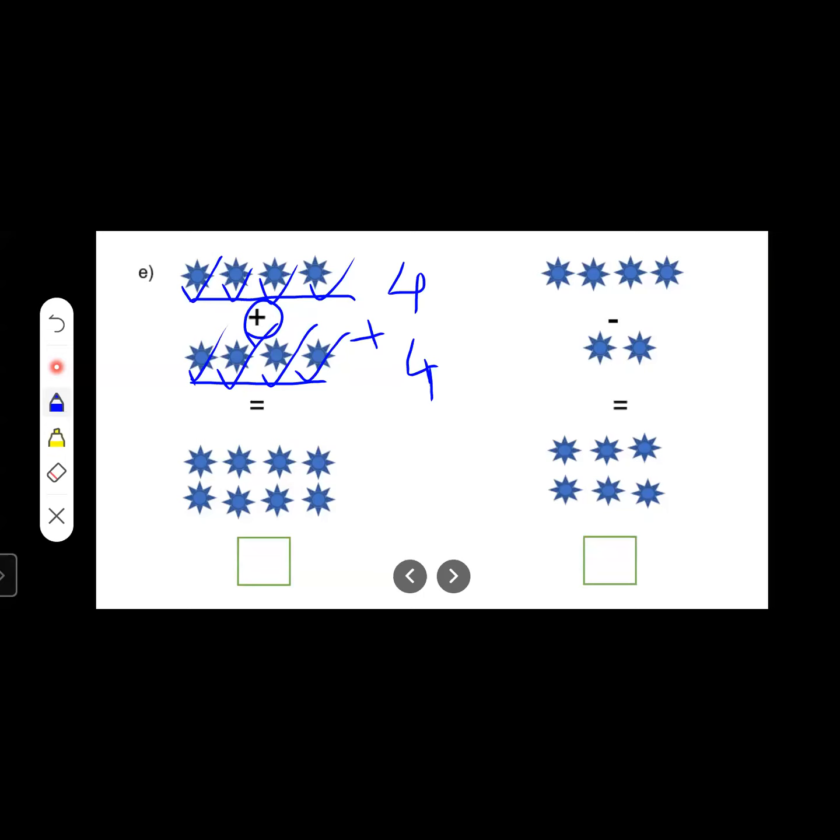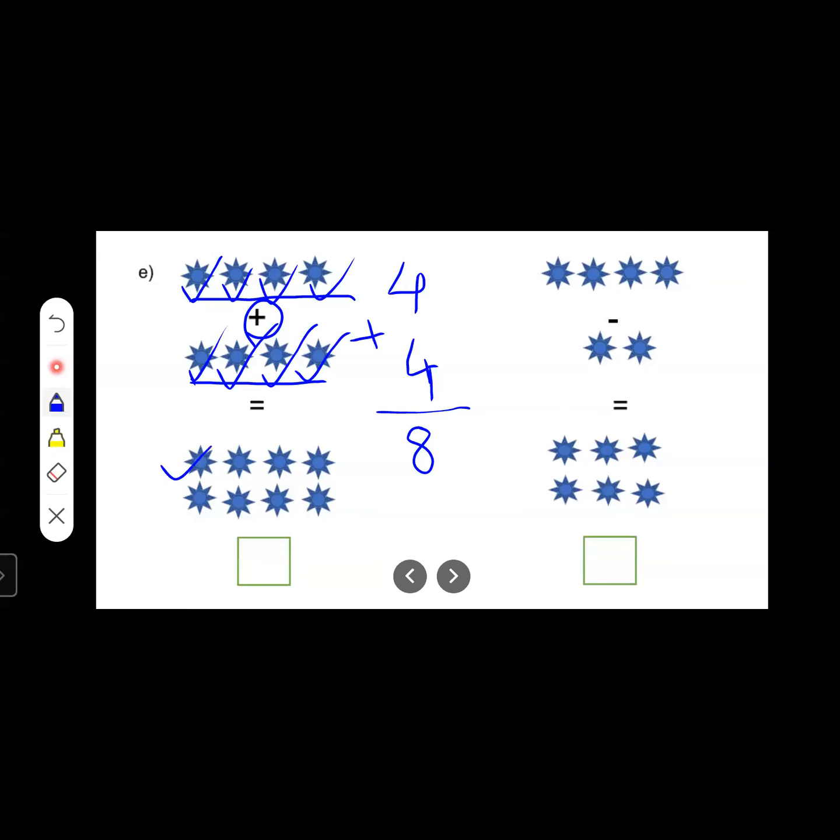Take out 4 fingers. Count after 4. This is addition, so we will count after 4. 5, 6, 7, 8. Answer should be 8. So here we will count and see 8 stars are there or not.